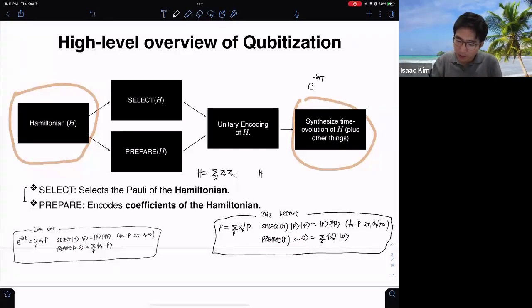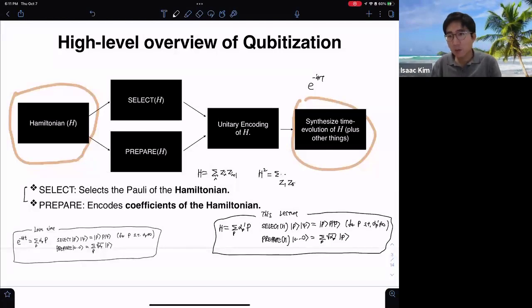In the second order, if you consider H squared, you have lots of terms, and some of them will be something like Z1 Z5. So you get non-local terms, or you'll even get terms like Z1 Z2 Z4 Z5. And if you go to higher orders, obviously you're going to get more complicated terms.